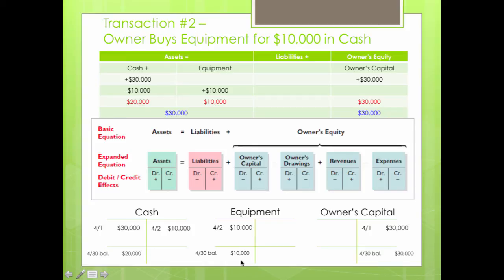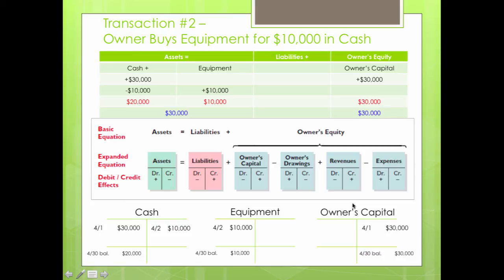We bring down the balance for equipment, and we bring down the balance for owner's capital. Notice that I also kept the owner's capital T account. So you will continue this process and record all transactions in the appropriate T accounts by following this chart here. And you will determine if it's recorded as a debit or a credit, depending on whether the transaction is increasing or decreasing and on which account.